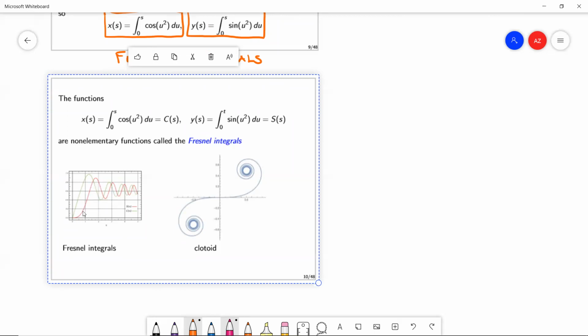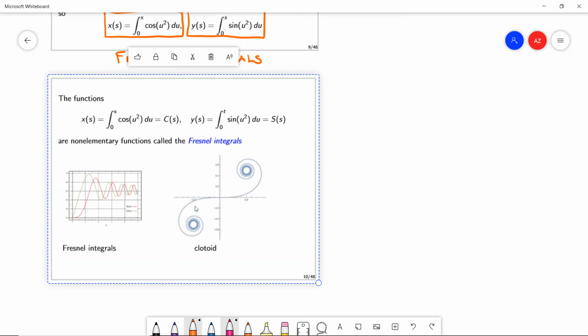So how are these graphs drawn? For every s, some numerical methods of integration are used, and then we get the point s, x of s. Then for another s, again numerical methods for integration are used, and we get s, x of s. We do this for enough points, and we get this curve. The same for y, and we get this curve.